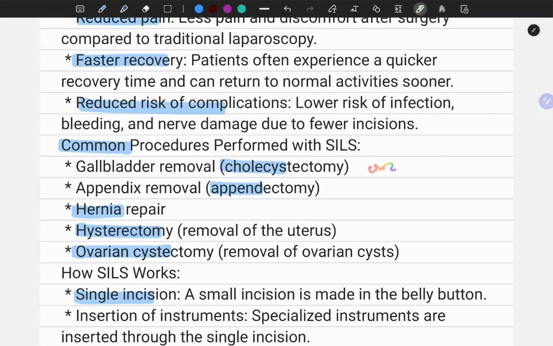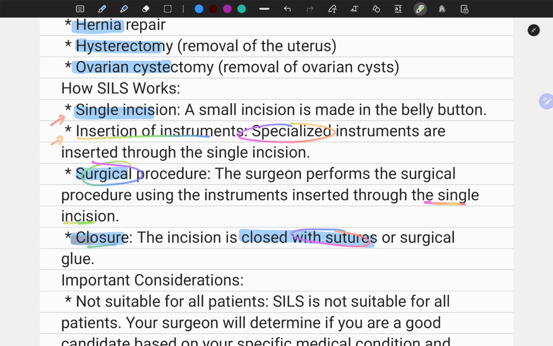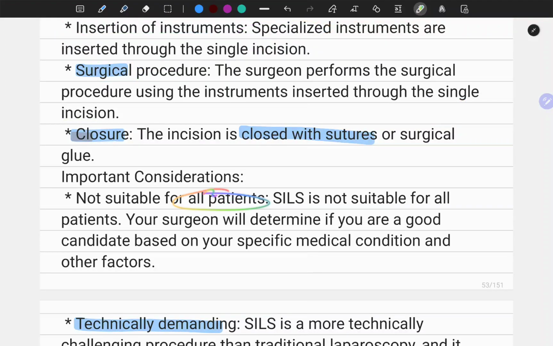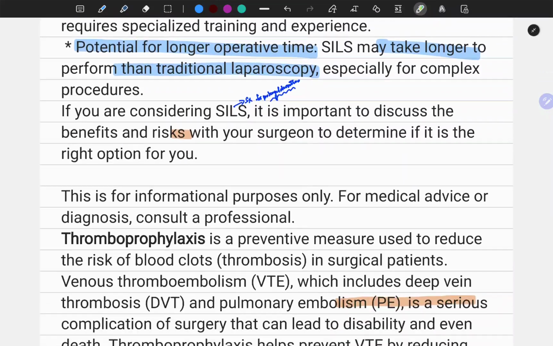We perform cholecystectomy, appendectomy, hernia repair, hysterectomy and even ovarian cystectomy using a single incision and dedicated specialized instruments. It's a surgical procedure through a single incision, closed with sutures, but not suitable for all patients, technically demanding, with potential for longer operative time.